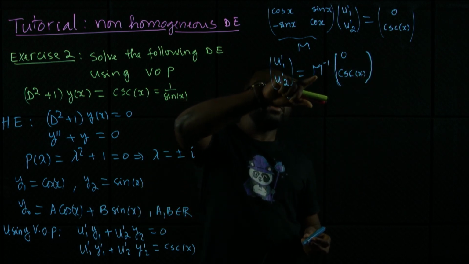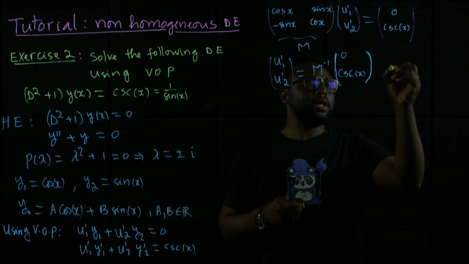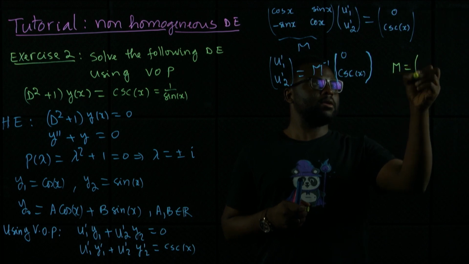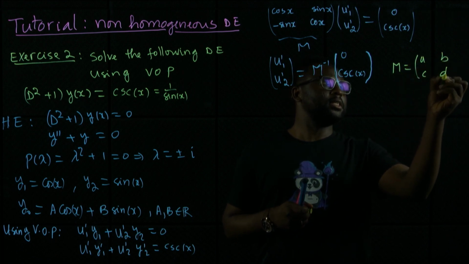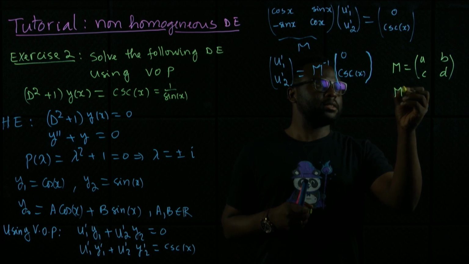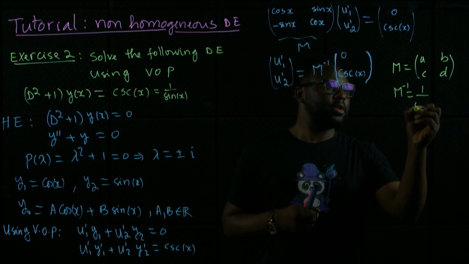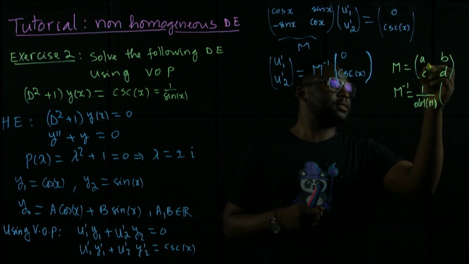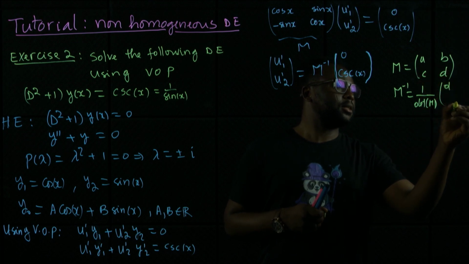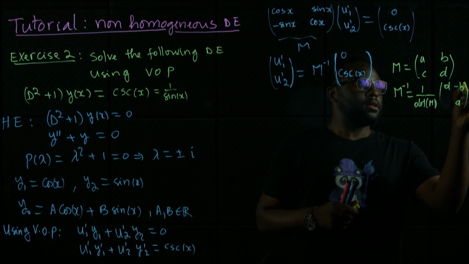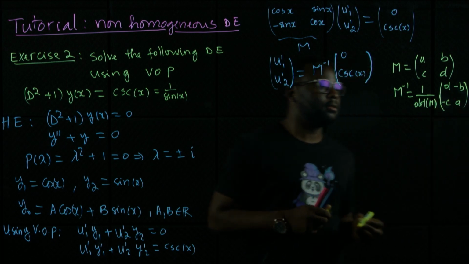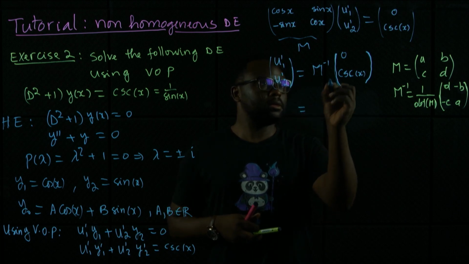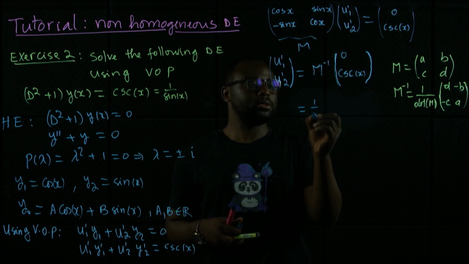So how do we obtain the inverse here? Remember that if you are given the matrix M with entries A, B, C, D, then the inverse of this matrix is just 1 over the determinant of M, multiplied by the matrix with D and A on the diagonal, and minus B and minus C off the diagonal. If we apply this formula here, the determinant of this matrix is 1, so this is 1 over 1.